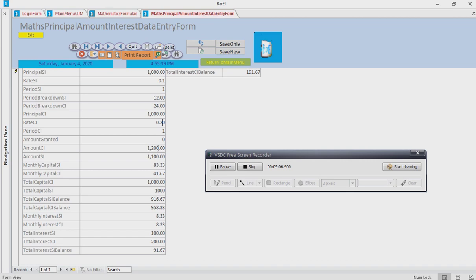Then the amount is 1200 and the interest is 200. Monthly compound interest for a period of 12 months is 8.33. Total interest balance is 191.67 if you subtract 8.33 from 200.